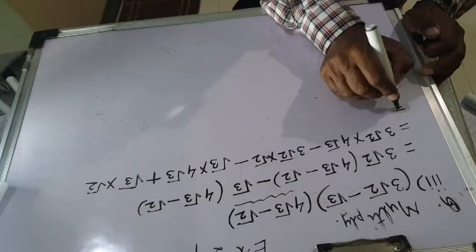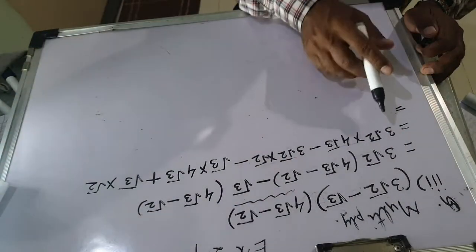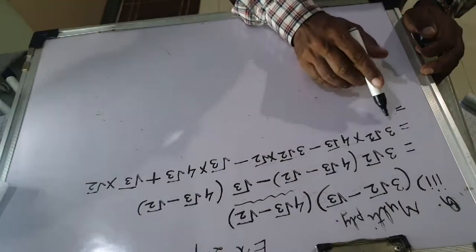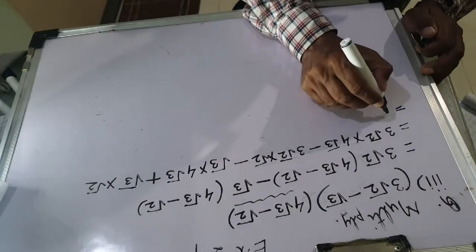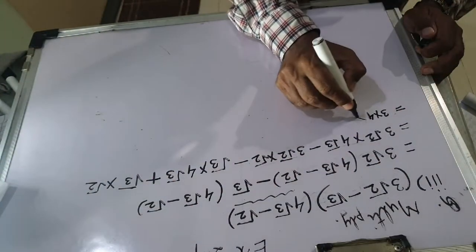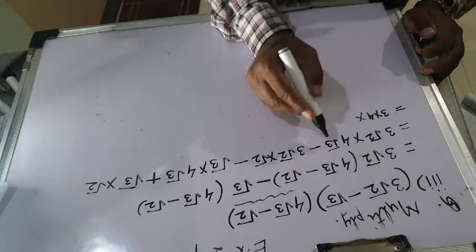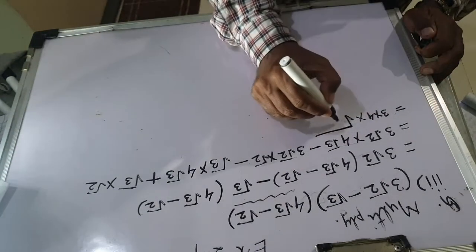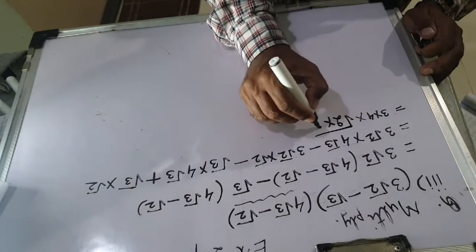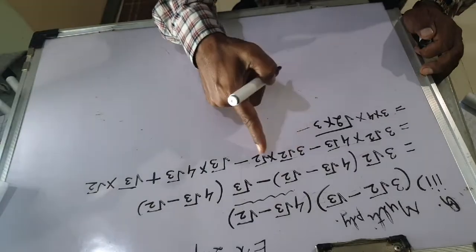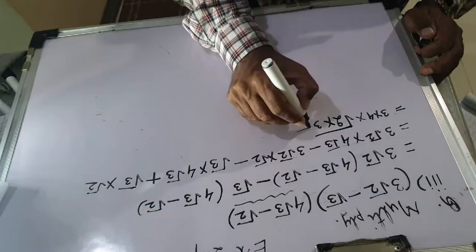Now see, these are the real numbers 3 and 4. Do the multiplication of the real numbers. So this is 3 into 4 into, now this is in the root, so I will write root of 2 into 3, minus 3 and here it is 1, so no need to write that 1.